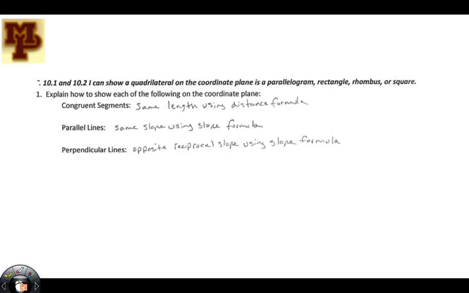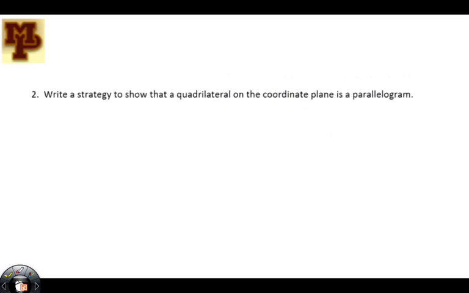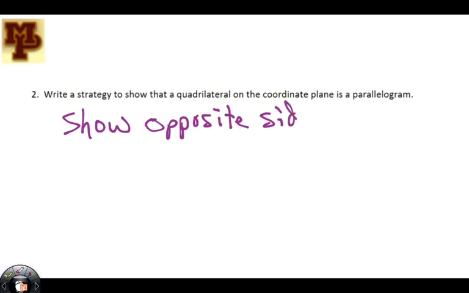Alright, so we got that. Write a strategy to show that a quadrilateral on the coordinate plane is a parallelogram. The way that we've been focusing on it is really just to show that we've got parallel opposite sides. So the strategy is that we want to show opposite sides are parallel.